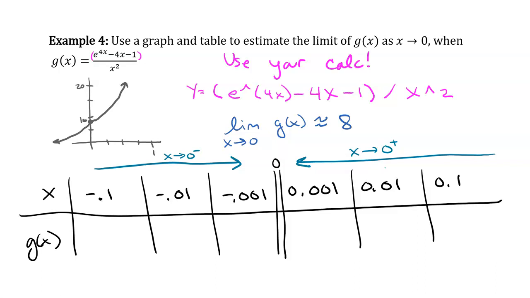And just use your calculator as you input the lovely x's to figure out what g of x is. So, let's see here. Negative 0.1. And in this case, make sure that your denominator x has a square on it as well, so that your calculator doesn't accidentally think that the square is somewhere else.